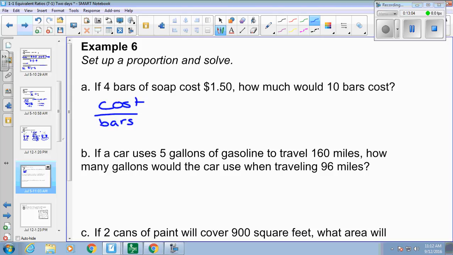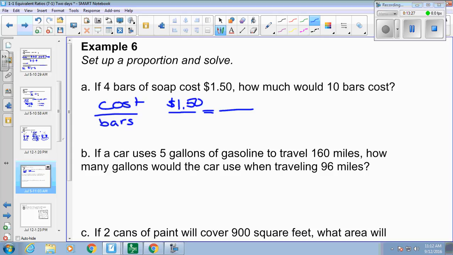Some people might have wanted to do bars to cost, and there's absolutely nothing wrong if you wanted to set it up that way too, if you're reading from left to right. I just always like to put the money on top, the money in the numerator. So now I can set up my proportion, kind of have my blank proportion here. If the cost is $1.50, well, how much was for $1.50?